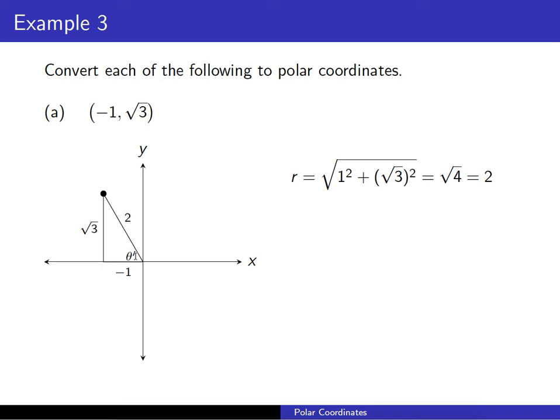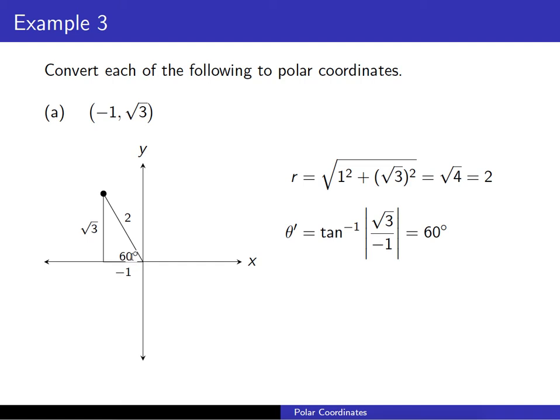We take the inverse tangent of the absolute value of square root of 3 divided by -1, so we get back an angle between 0 and 90. Because of the absolute values, we just drop the negative signs, and the inverse tangent of the square root of 3 is 60 degrees.